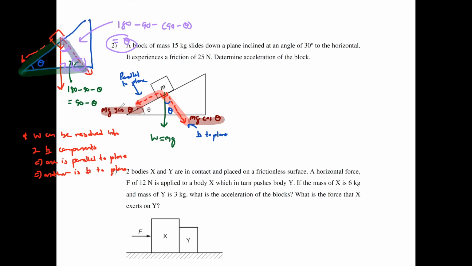Then after that, your question mentioned this: your block is sliding down the plane and experiences a friction of 25 Newton. You're moving down. You have an acceleration downwards. But at the same time, when you're moving downwards, you experience a friction of 25 Newton.